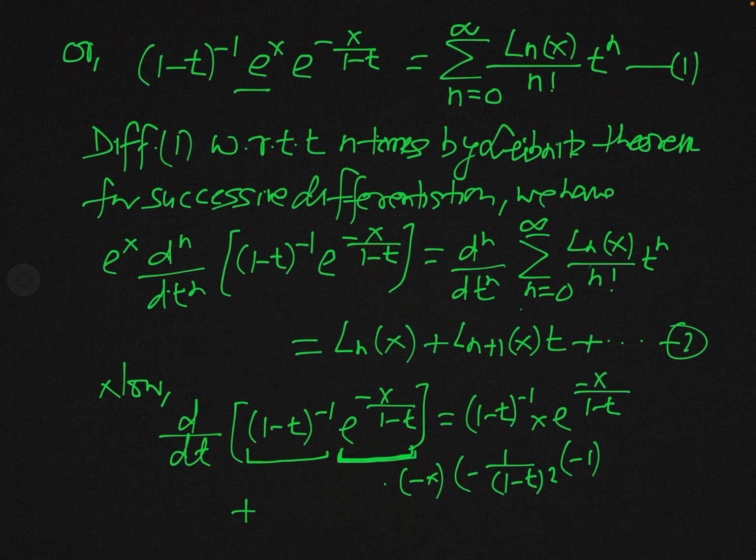Now we will differentiate the first factor and take the second factor as it is. So this will be e raised to the power minus x by 1 minus t times the differentiation of (1 minus t) raised to the power minus 1, which will be what? You can see this will be minus 1 over (1 minus t) whole square.